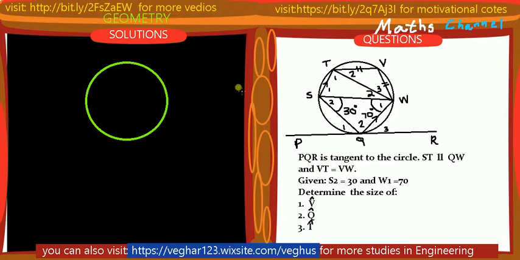Okay, so first of all, as you can see here, we have to know the sum of the theorem. This theorem, opposite angles of a circle quad.